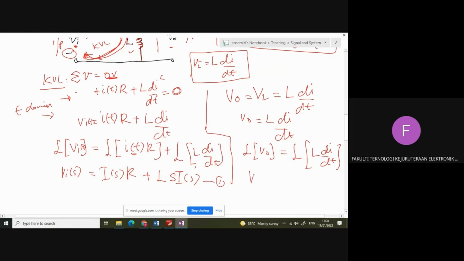For this part, Vout(s) equals L s I(s). This is equation number 2.